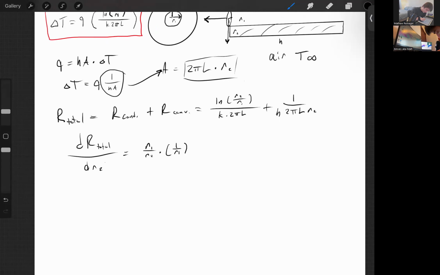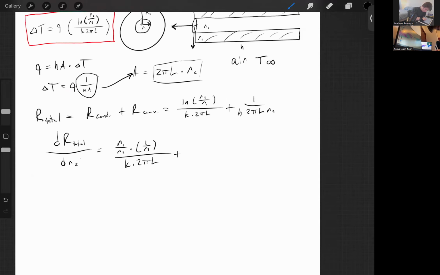Make sure my math is right. Yes, that is the derivative of that. Then we do that over k multiplied by 2 pi L. Now we're going to add this to 1 over, in this case, actually no. This turns into a negative because it's R2.